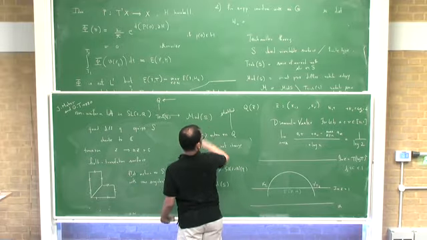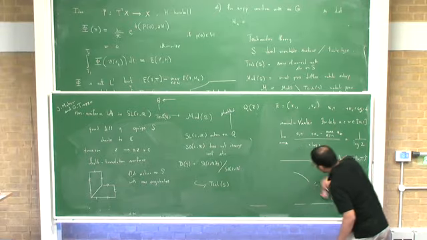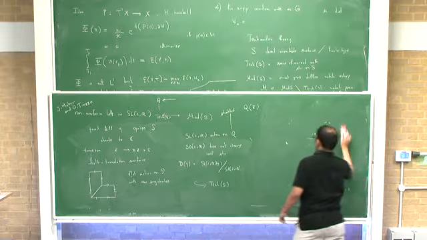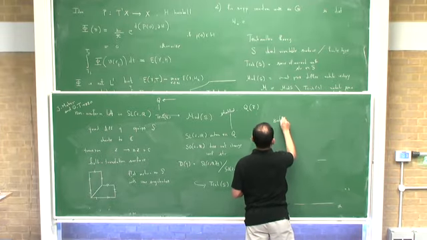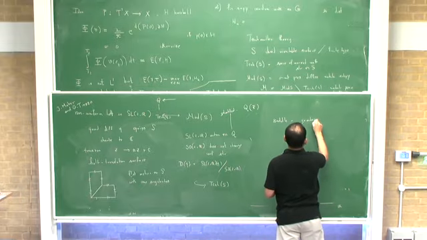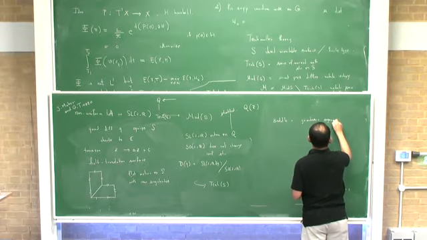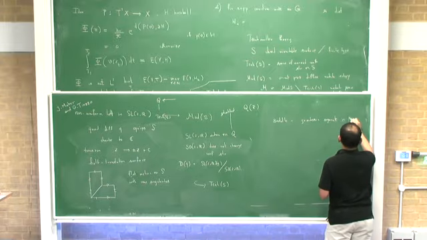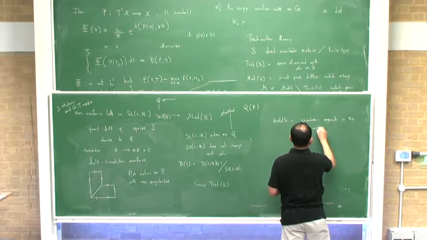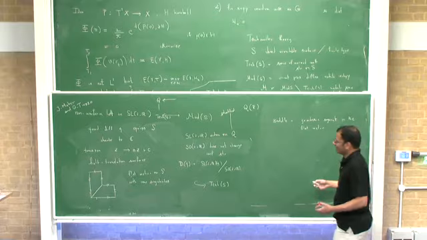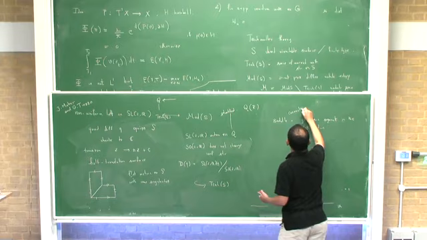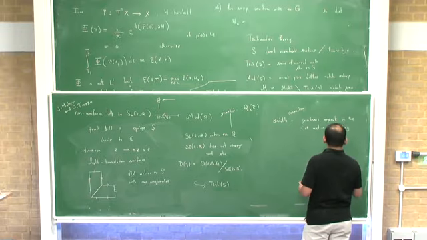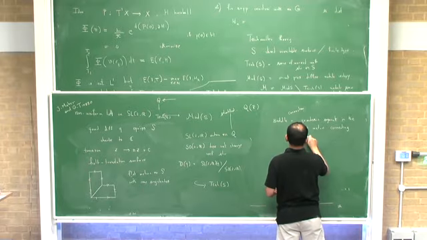A saddle is going to be a geodesic segment in the flat metric which connects two cone singularities, connecting two singularities. They could be the same or distinct.